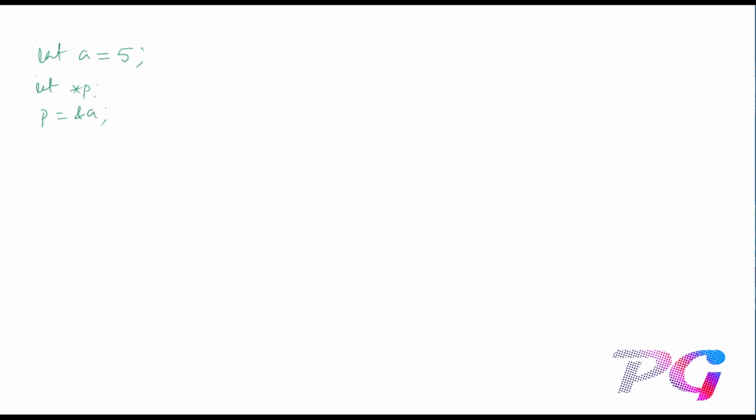Now we can change the value of this variable a in two ways. First, we can write a equals 8, the new value of a. Second, we can change the value of a by writing asterisk p equals 8, because a and asterisk p are the same thing. As I already told you, asterisk p means nothing but asterisk of the address of a.